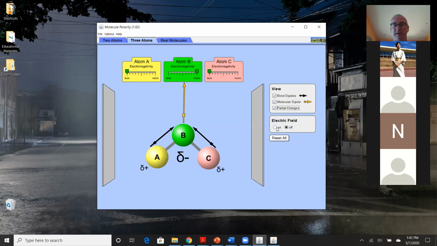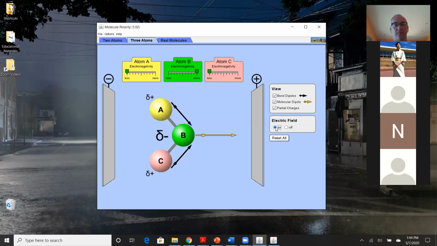And let's turn the electric field on. You see that polar molecules will always orient themselves so that their overall molecular dipole, the negative part, will orient itself towards the positive plate, and the positive part will orient itself to the negative plate.